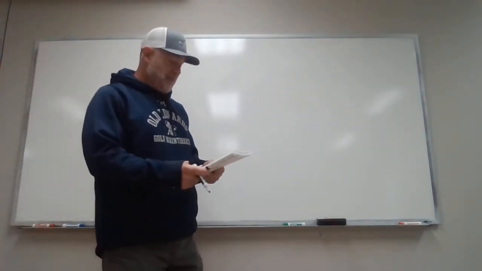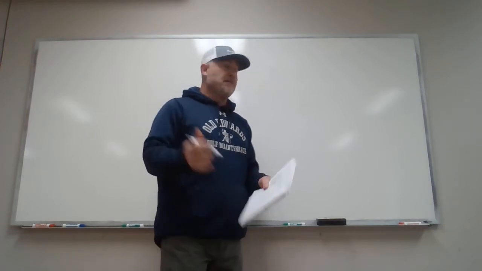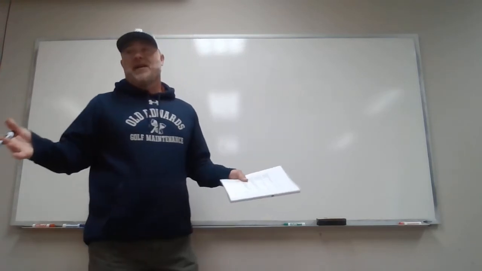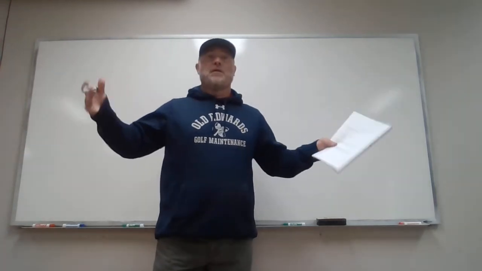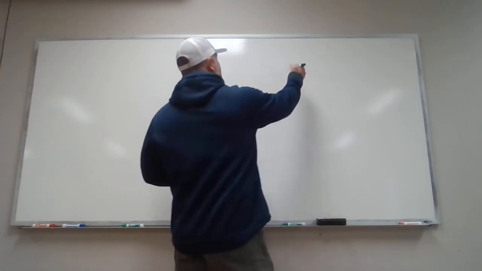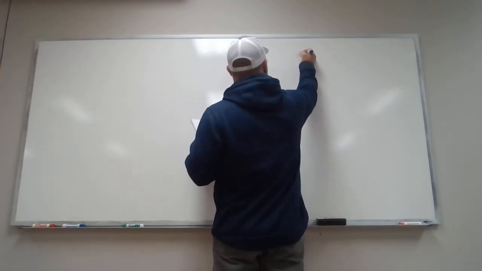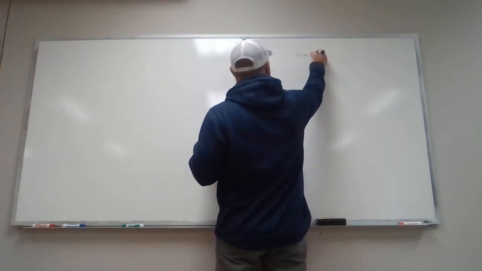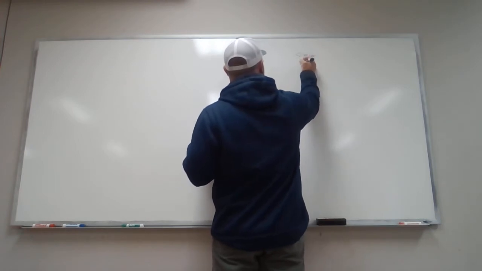All right, second one. You have calibrated your equipment to spray 50 gallons per acre. You need to spray 1 acre. So remember when I told you guys about word problem? You start with what you know. All right? So you've got 50 gallons per acre. You need to spray 1 acre.